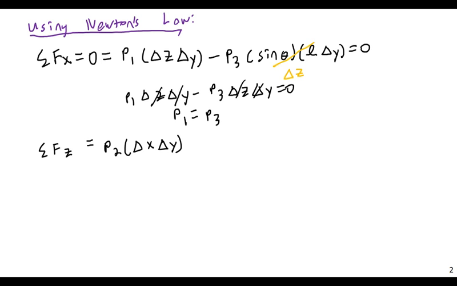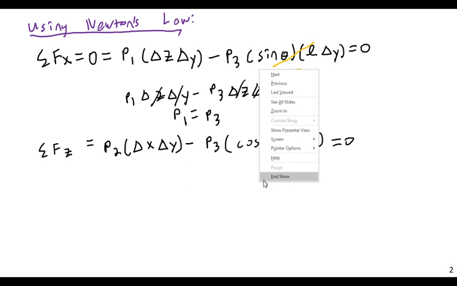The size of the prism is small relative to the depth of the fluid, which is why it's not surprising the pressure is coming out the same. Minus P3 times cosine theta times L delta y, and this equals 0.